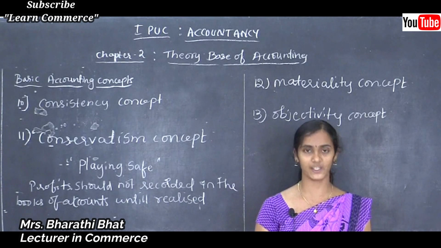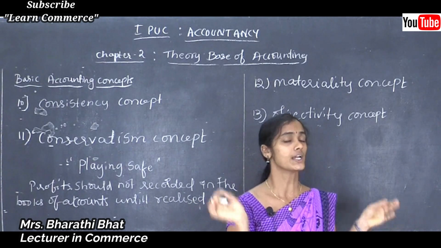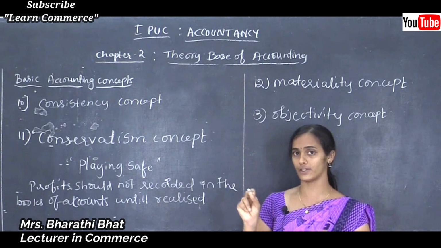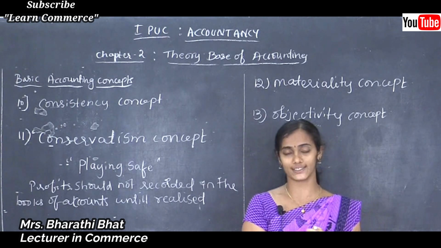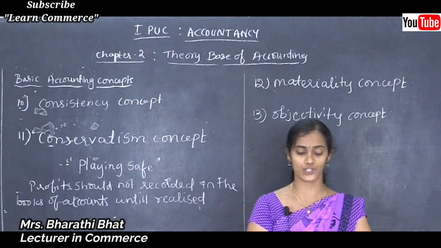Based on a single point of view, we should not record the transaction. We should record the transaction in the books of accounts based on the viewpoint of the business. We should not record the transaction with bias or errors.